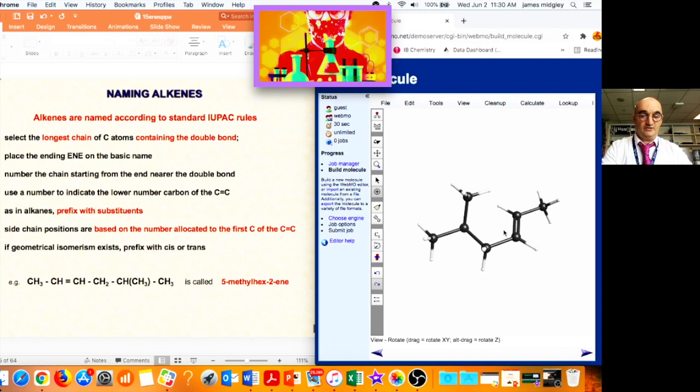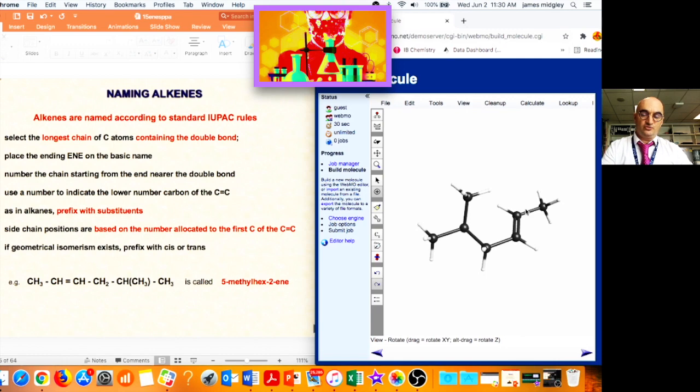The homologous series is the alkenes. The lowest number for the double bond is on carbon atom 2, so this is a hex-2-ene. You could have hex-1-ene or hex-3-ene, but this is a hex-2-ene.